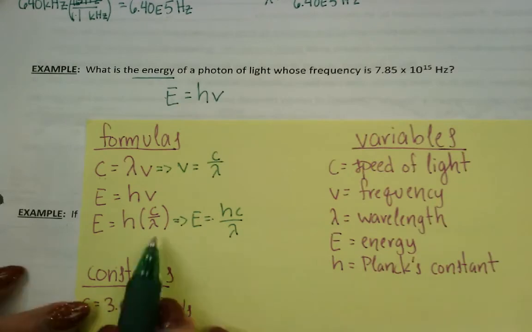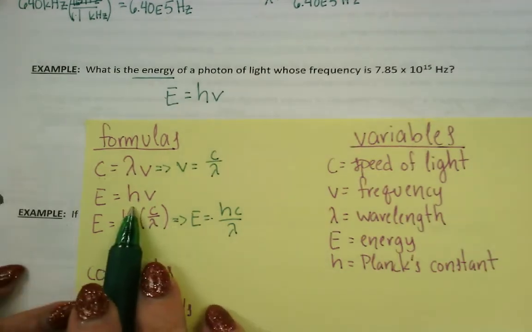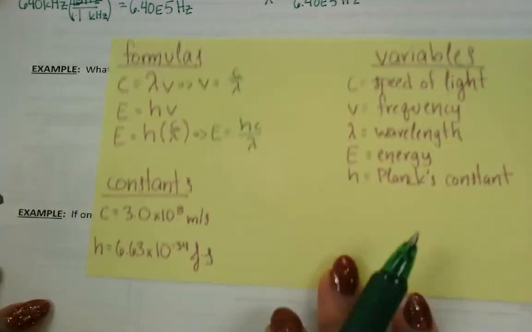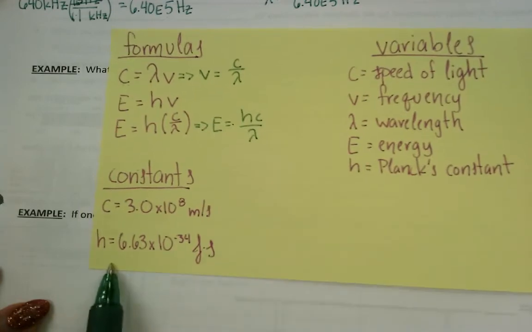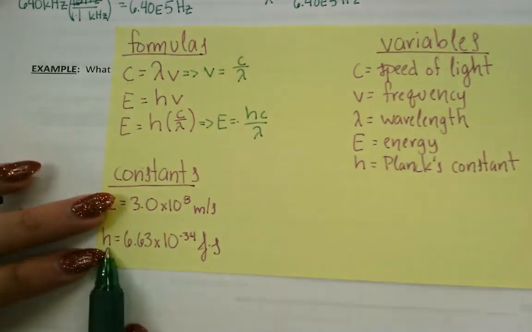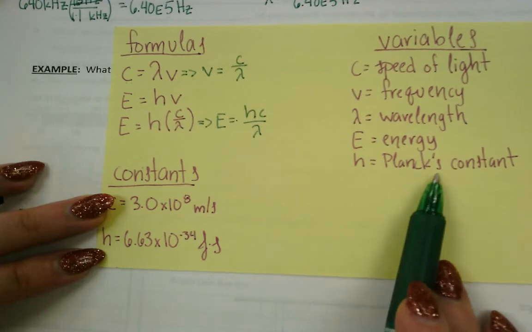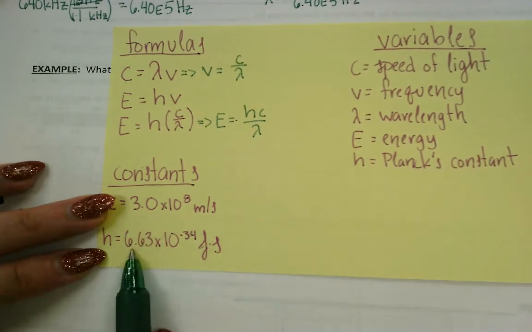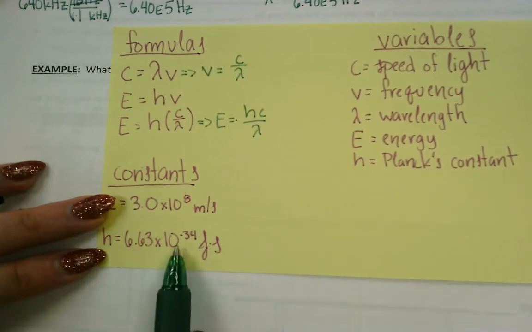Because we have frequency and then h. What is that? Well, it's a constant. So it stays the same each time, and it's been given to you in your formula chart. So our constant for h is called Planck's constant, and is 6.63 times 10 to the negative 34 joule seconds.